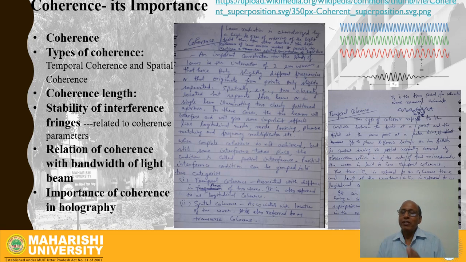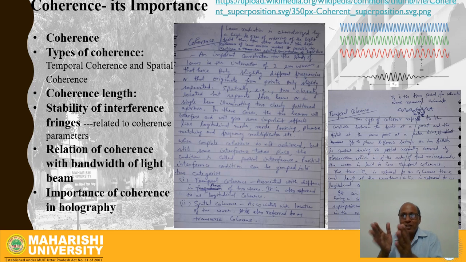So that means if you are observing a wave at a particular location, and then you are observing the field at a certain time which is different from that particular time but at the same location, then if there is a phase difference between the two which has changed, and if this phase change has become much larger, then the coherency has stopped.